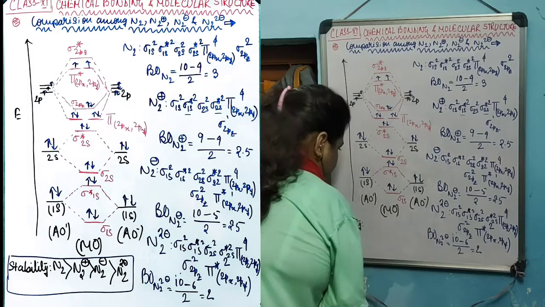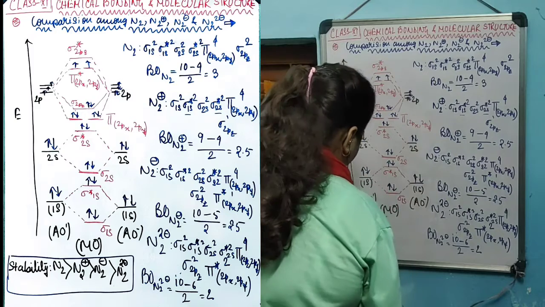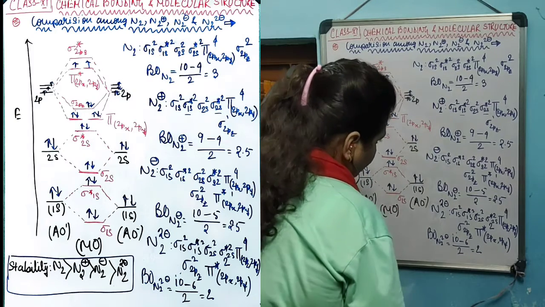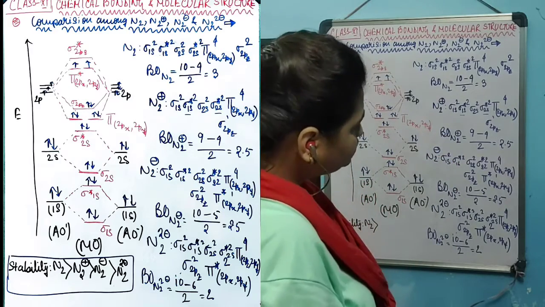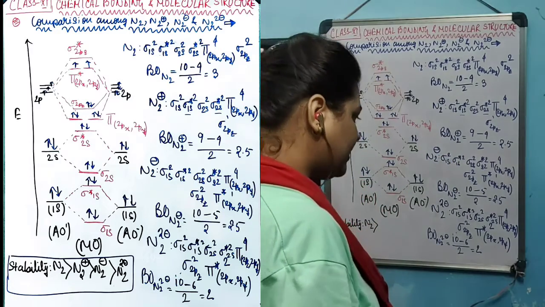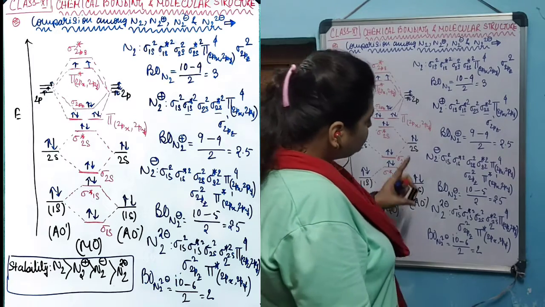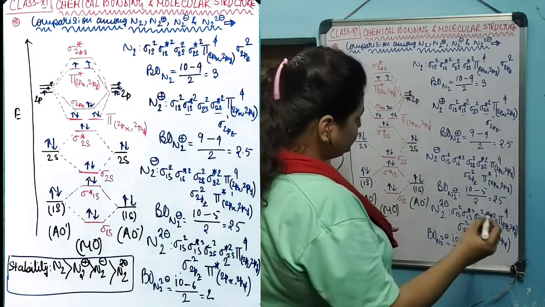for the above species. The most stable will be N2, having the bond order 3, and then it will be N2 plus and N2 minus, because both of them have 2.5 bond order. But the number of electrons in the bonding orbitals we need to calculate.